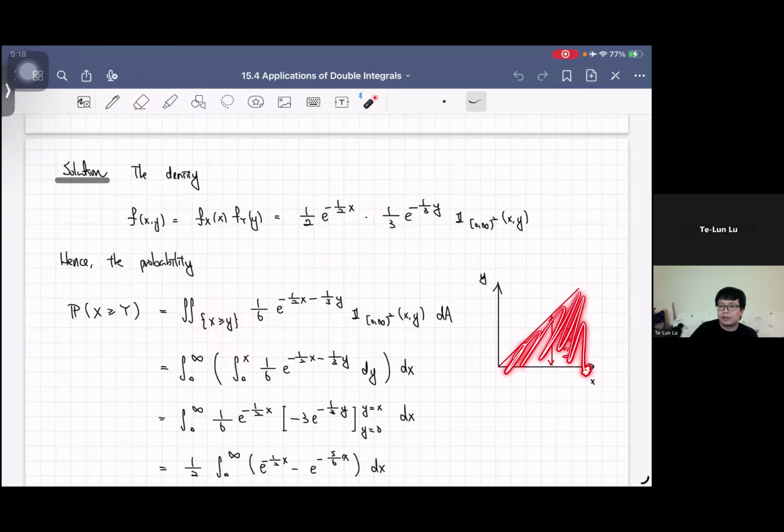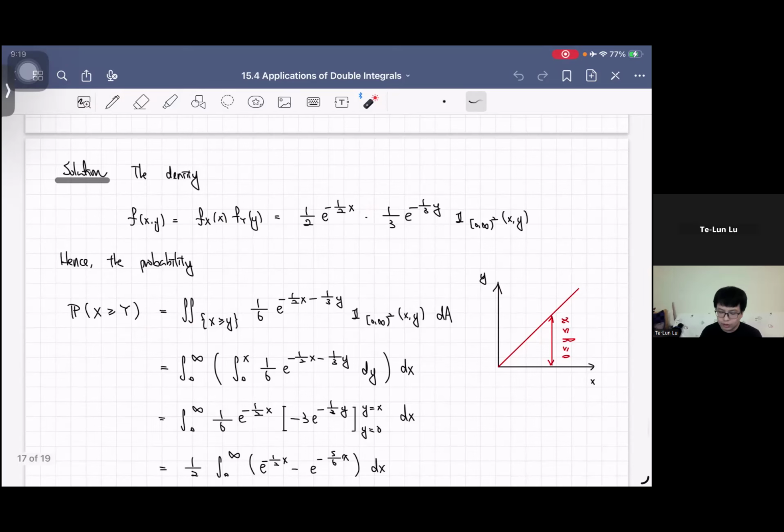And again, you can do it both ways. Either you fix the variable x to be a constant bound, 0 to infinity, in which case y will be within 0 and x. Or you can fix 0 to infinity in y, then for each fixed y, x will start from y towards infinity. Both work, so I encourage you to try the way that I did.